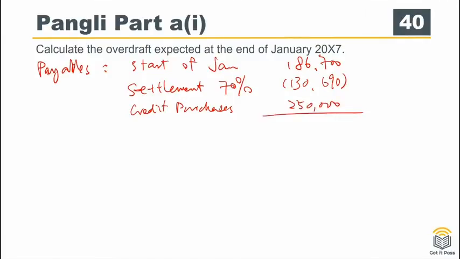So the balance will be 306,010. So we got receivables, we got payables, and we got some other information to work on the expected overdraft. Here we can calculate this final step, the overdraft.